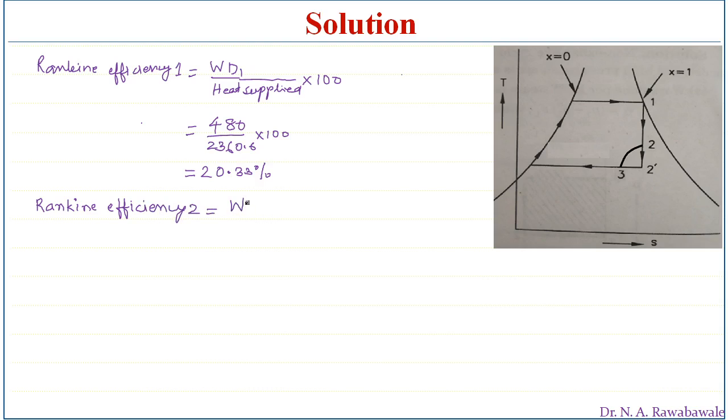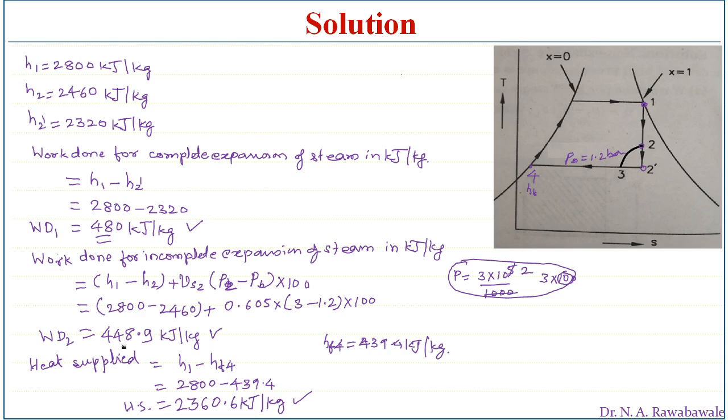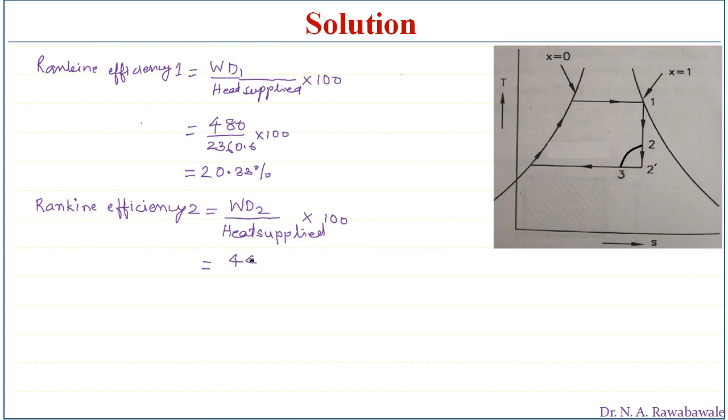So Rankine efficiency 2 is equal to work done 2 divided by heat supplied. Work done 2 is 448.9. 448.9 divided by heat supplied, which is 2360.6, gives 19.016%.